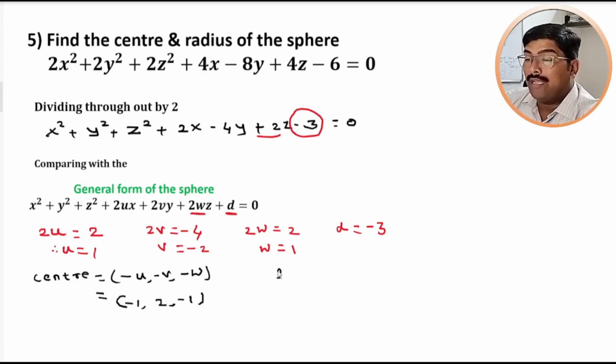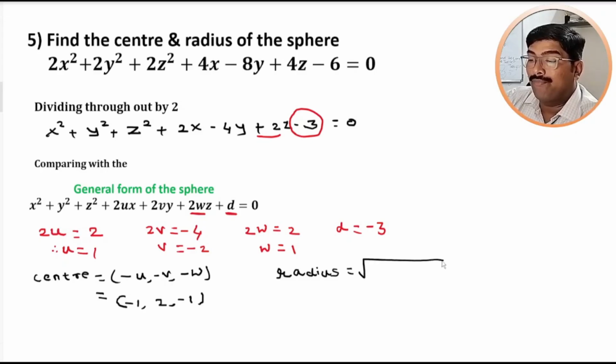Now the radius, we can write it as radius is equal to square root of, the formula is u square plus v square plus w square minus d.